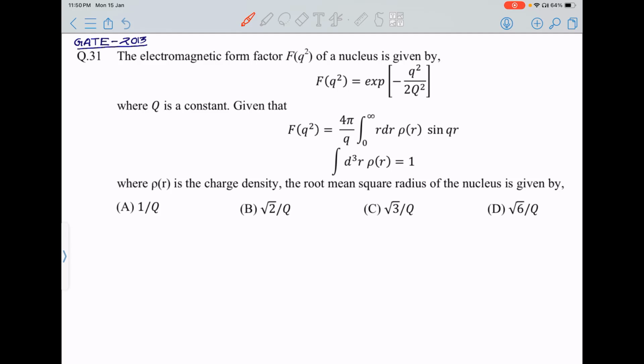Hello, this question is from GATE 2013 from the domain of nuclear and particle physics. So the question is pretty long.